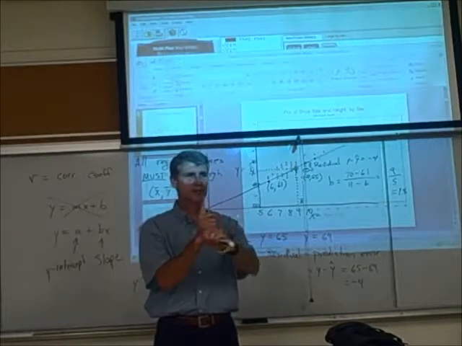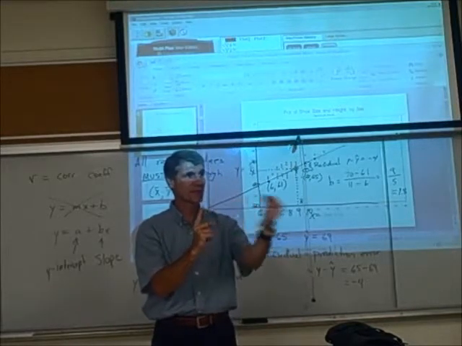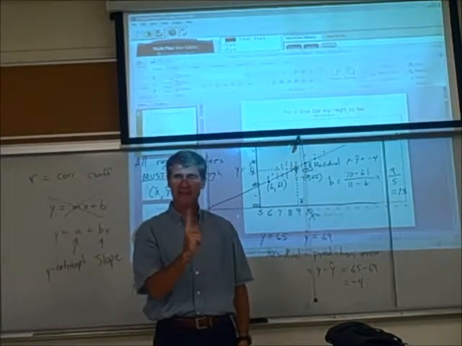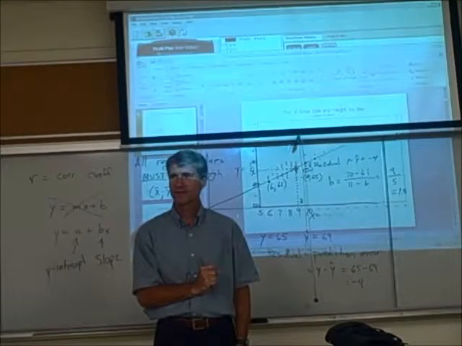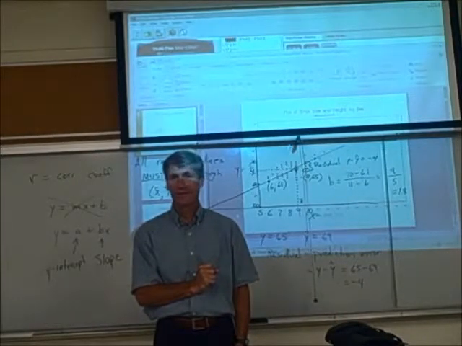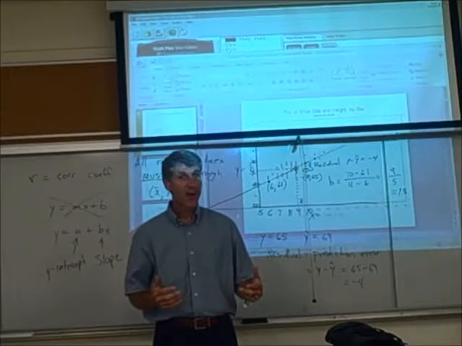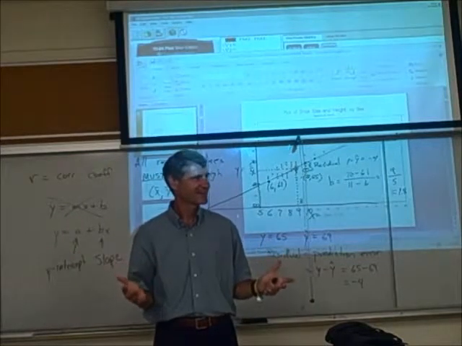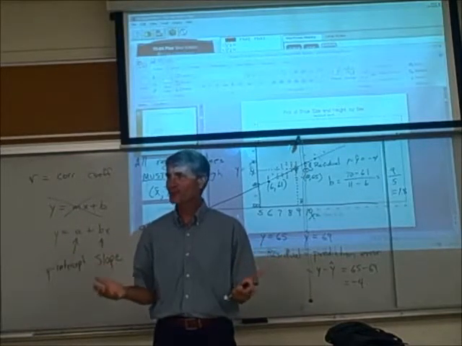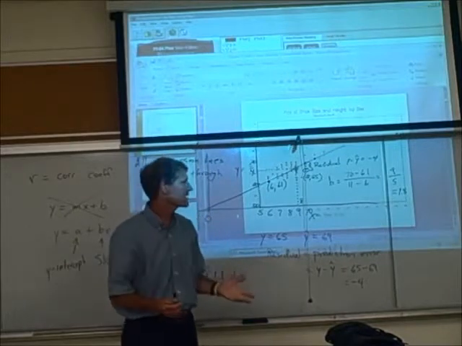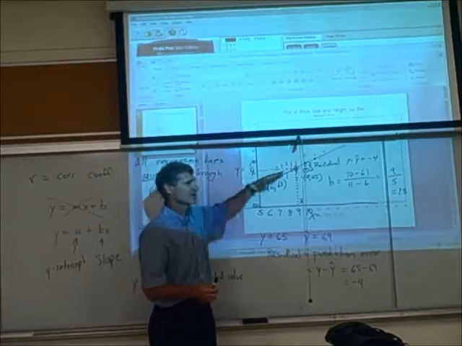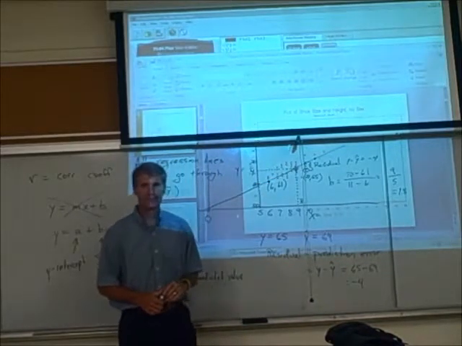That's assuming the cardboard has no weight, right? Just where the points are, it would balance exactly at x bar, y bar. That's a pretty cool result, right? And it makes sense that the line of best fit, the regression line, should go through that point.